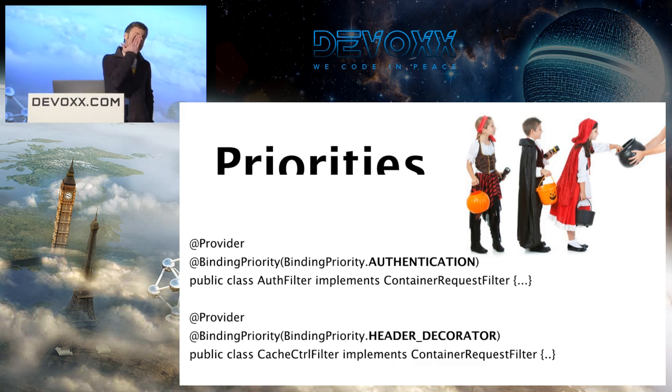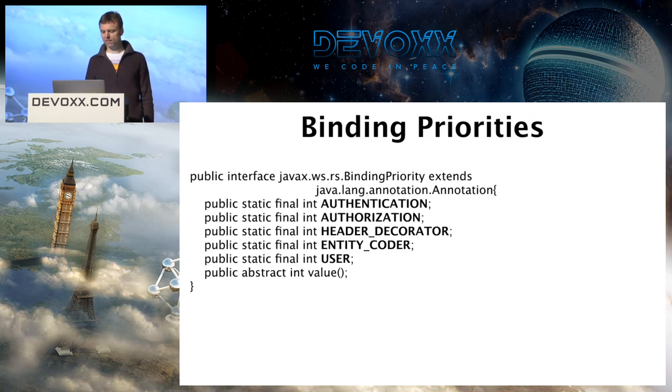So filters and interceptors, there can be multiple in each extension point, and we need some sort of mechanism to order the invocation of them. And this is called priorities or binding priorities. What you can do is annotate a filter with a binding priority, and the runtime will sort the filters by binding priority and invoke them in this order.